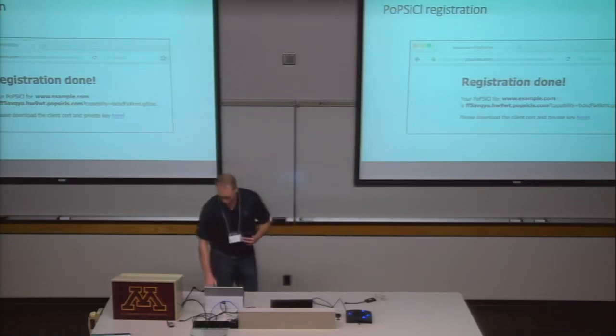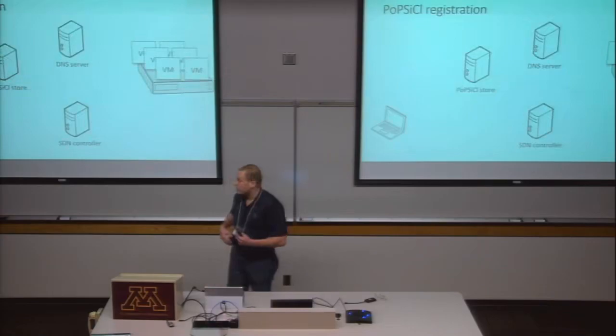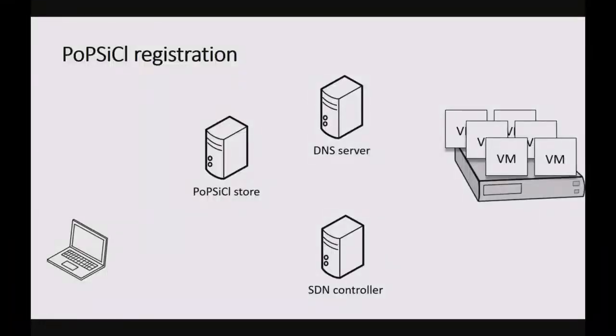Okay, so now how does this work under the covers? Here we have a client on the left, and we have a bunch of other boxes, which are all part of the cloud and such on the right. The user is going to go to that popsicle store and say, hey, I would like a popsicle. And so a few things are going to happen.